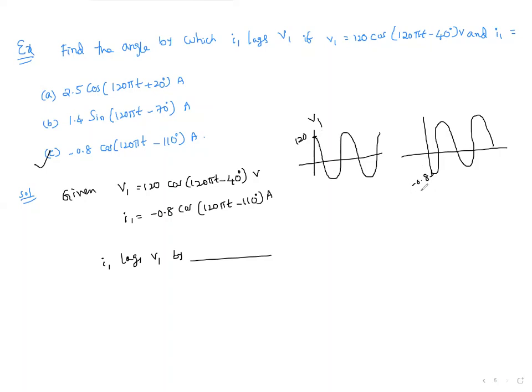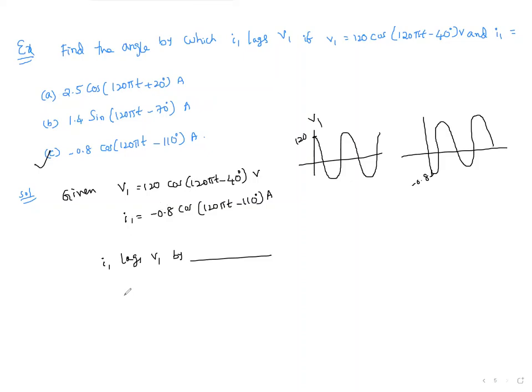So we need also to consider the negative sign here. If both the amplitudes are positive, see for A and B, there is no problem. V1 is positive amplitude and current is also positive amplitude. But for this problem, since it is negative, we should also make this positive. Then only we can calculate correctly the leading angle or lagging angle.